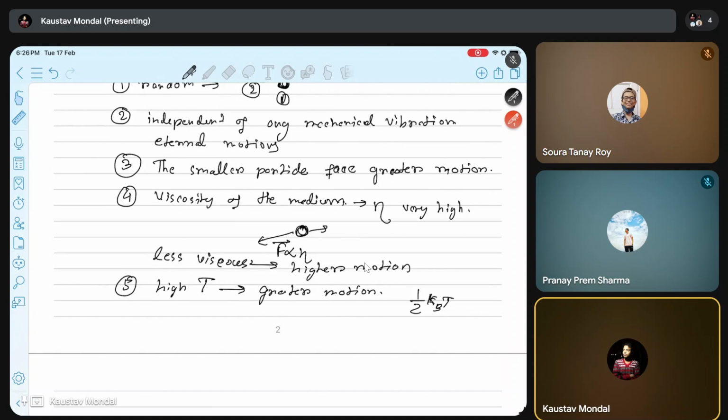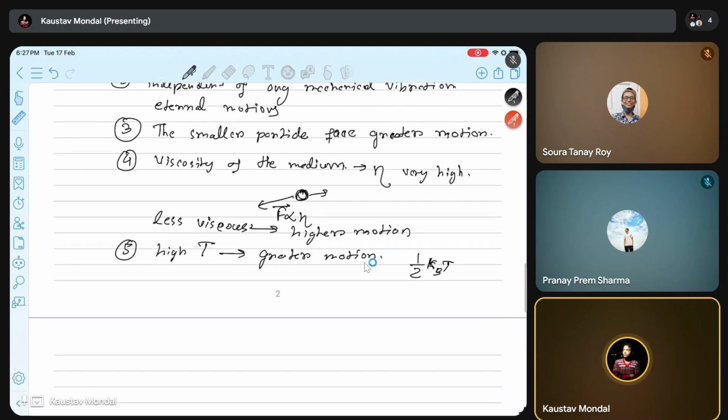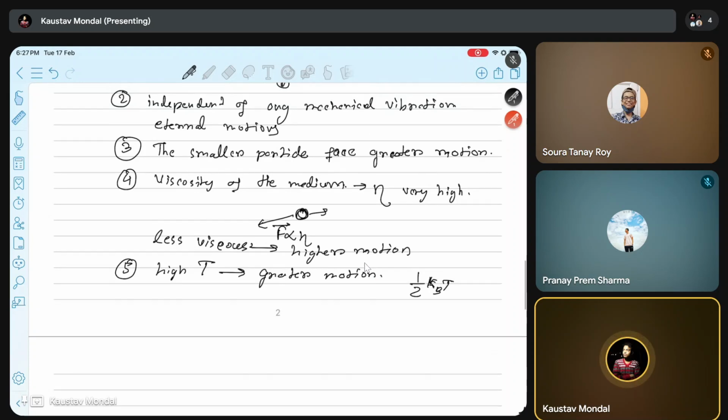So if you increase the temperature, the thermal energy inside the particles also increases, and the particle tends to show a higher Brownian motion.